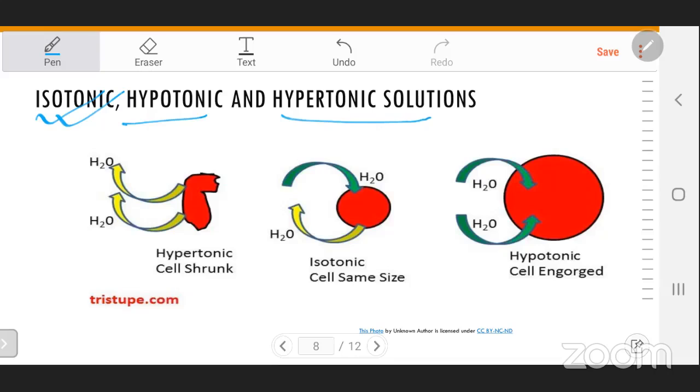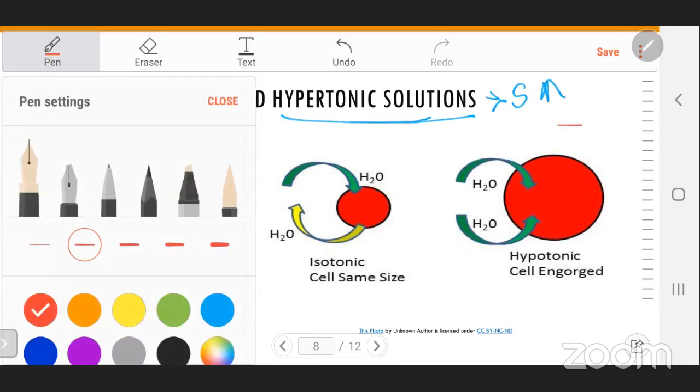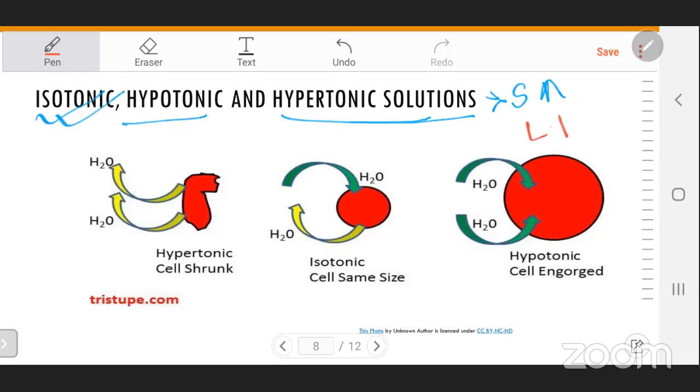As you have seen, I have prepared a set of hypotonic and hypertonic solutions. For the hypertonic solution, I took a large amount of salt in tap water, and for the hypotonic solution, I just took a very small amount of salt in a beaker of tap water. So hypertonic is a solution where, I will write it down here, the amount of solid is more and the amount of liquid, that is L, is less.